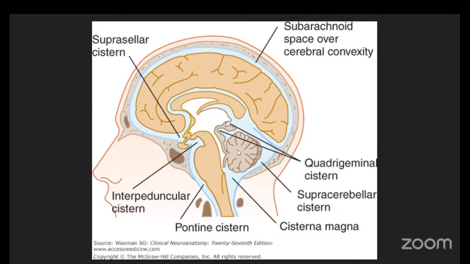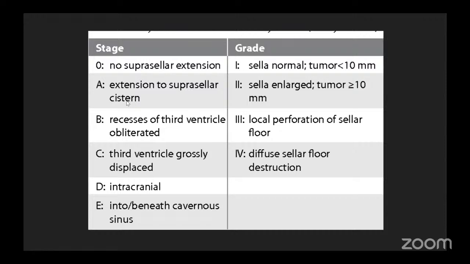And if it goes even further and completely grossly displaces the third ventricle, then what grade would it be? C. And when the tumor goes completely inside, then it is intracranial. Understandable? If it ends up involving the periphery, it is the cavernous sinus, right?